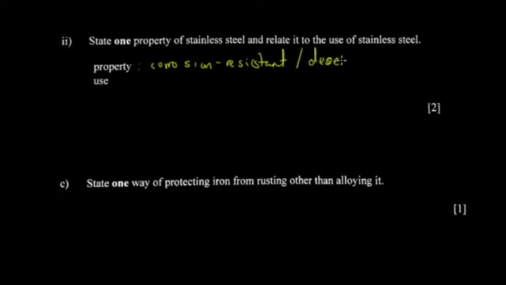You can say doesn't corrode. Okay, it simply means it doesn't rust, right? And then the use now is use it in cooking utensils.